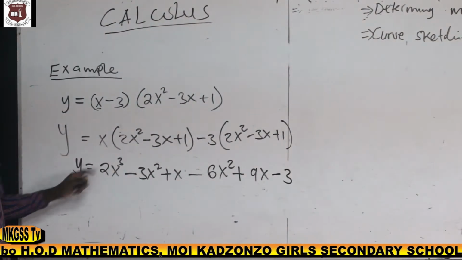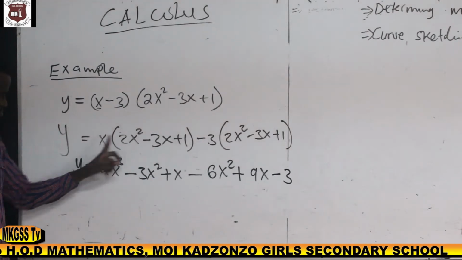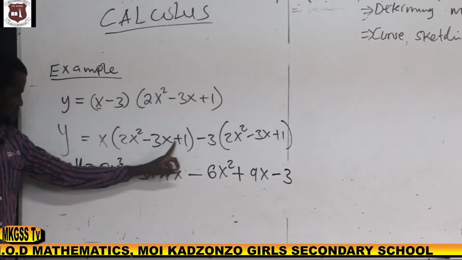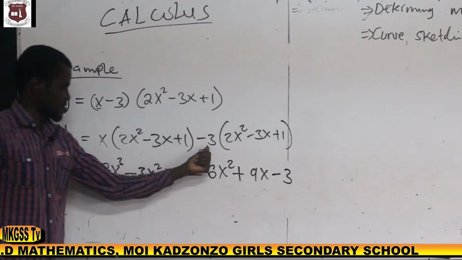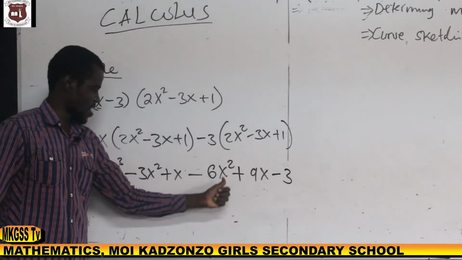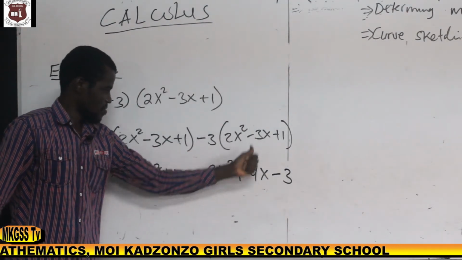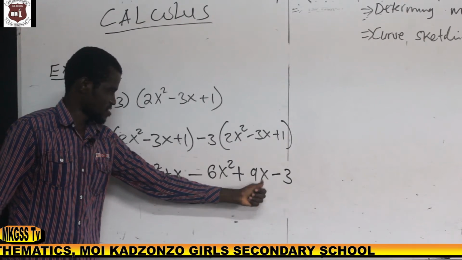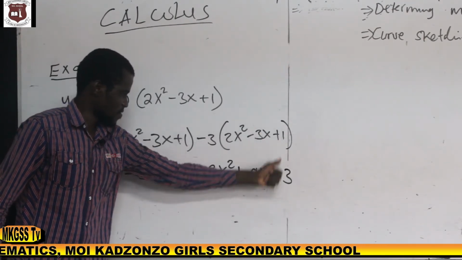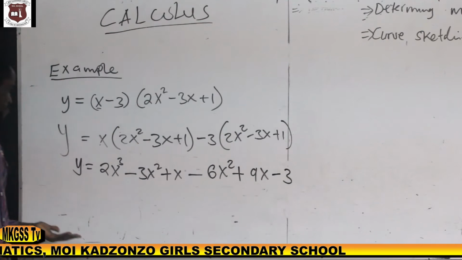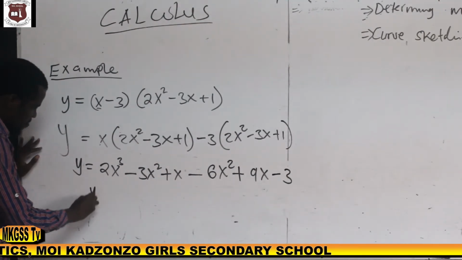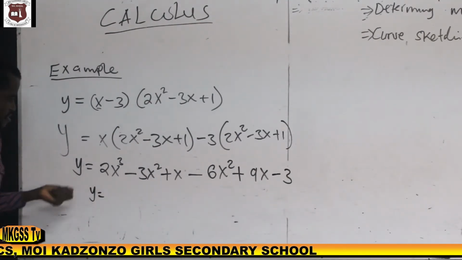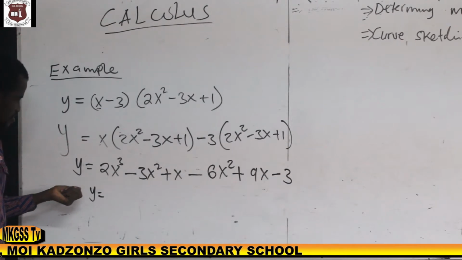So this is what we have. This times that gives you this, -3 times 2x squared gives you this, gives you a +9x, gives you a -3.